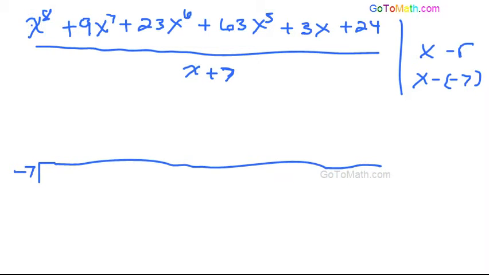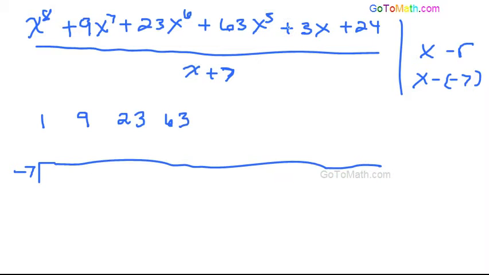So here's the story. We'll put in our coefficients, right? So we got a 1, a 9, a 23, a 63. And look at here.